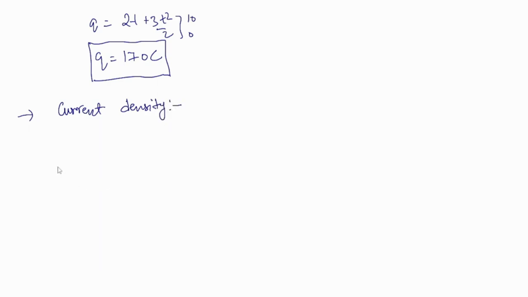Current density at any point inside a conductor is defined as a vector having magnitude equal to current per unit area, and this is a vector quantity, meaning it will have direction.